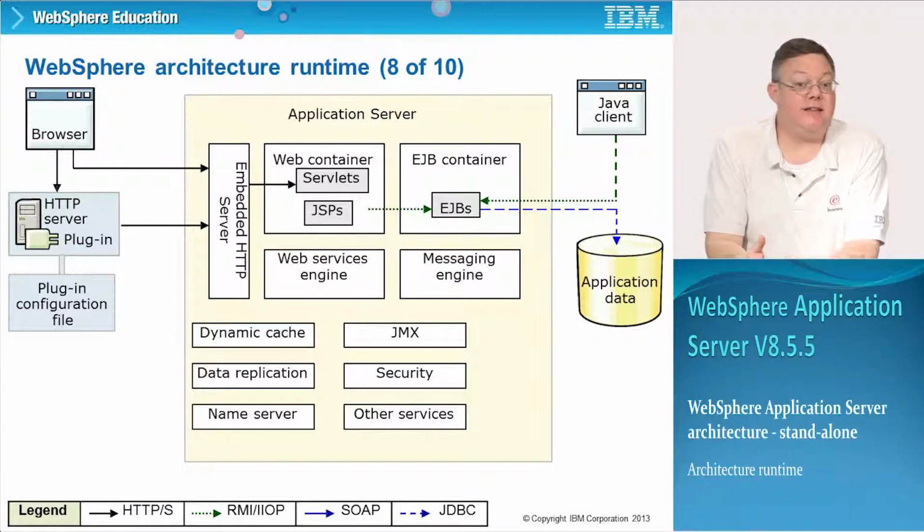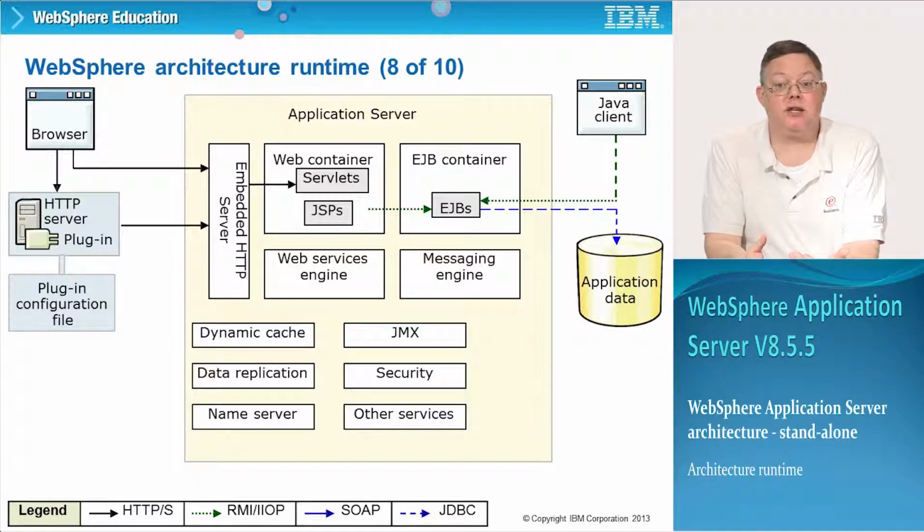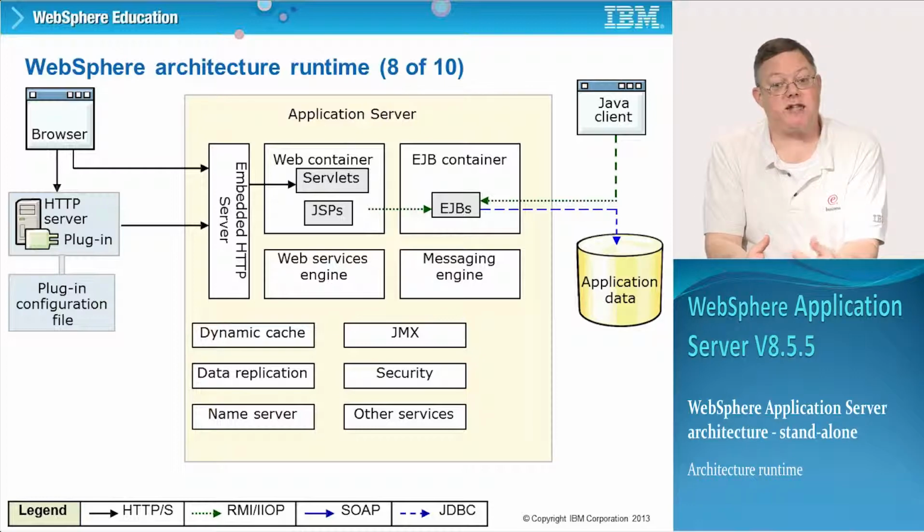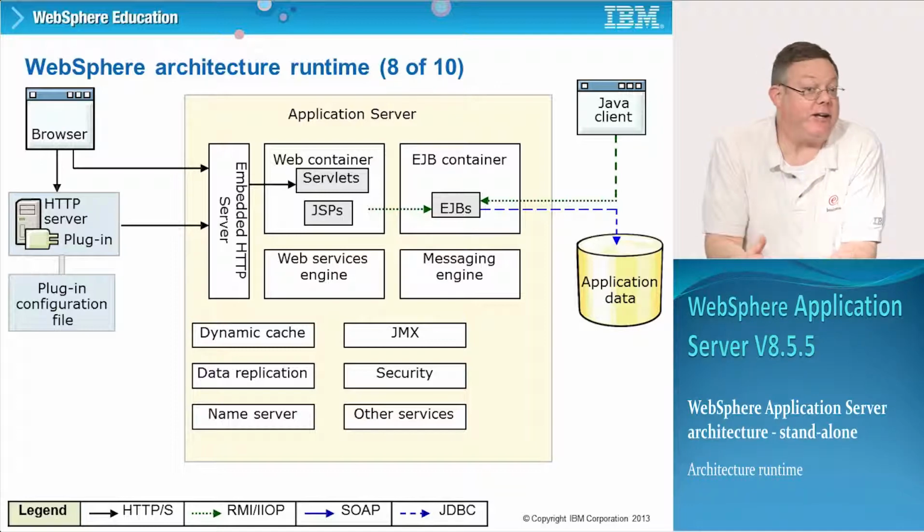So in this particular case, we have a Java application, a thick client running somewhere that we want to access the actual business logic encapsulated in our EJB container, in an EJB. So in order for it to access it, it will use RMI over IIOP to do a connection from the Java application directly to the EJB container. And all it needs for that, obviously, is the EJB client jar.